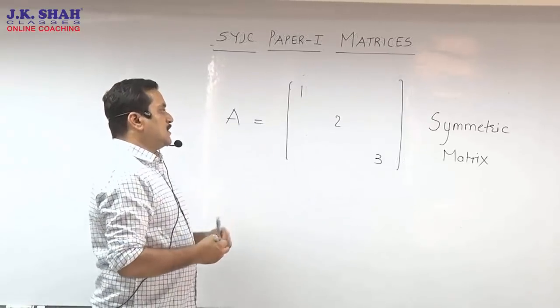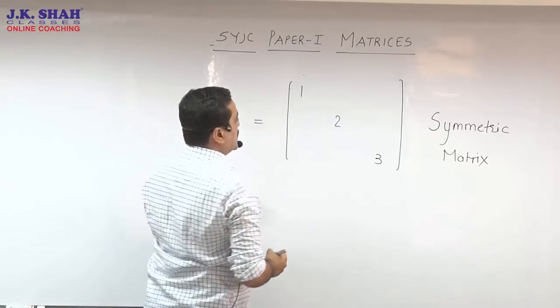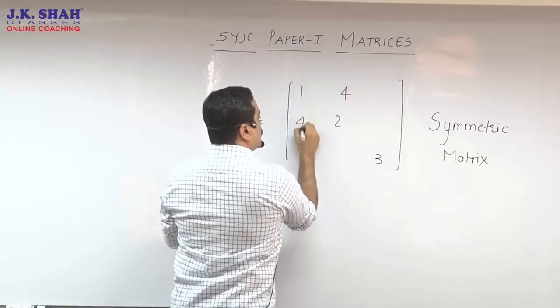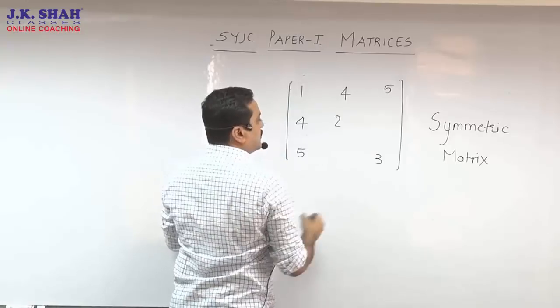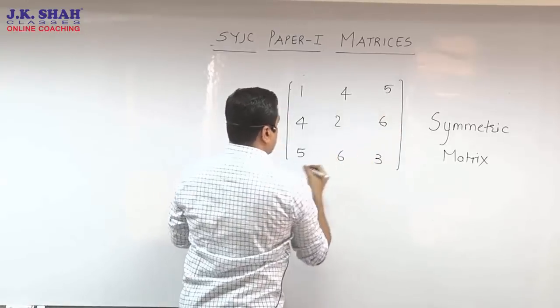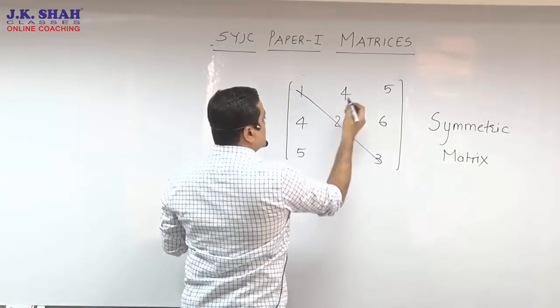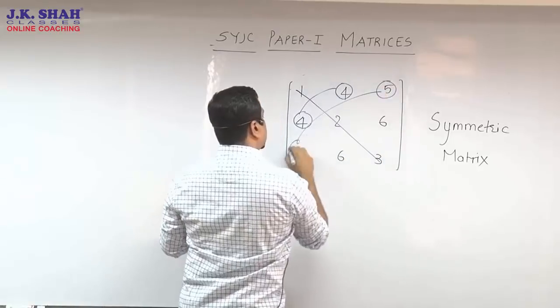We look at the next one now. Let's talk about the symmetric matrix. I have drawn a square matrix over here. Now, if over here I have 4 and over here also 4, here 5 and across the diagonal here also 5, and here 6 and 6, we can all see that on either side of the diagonal, the elements are the same.